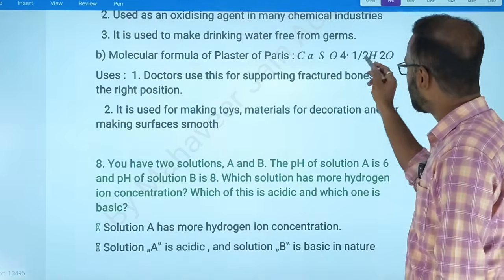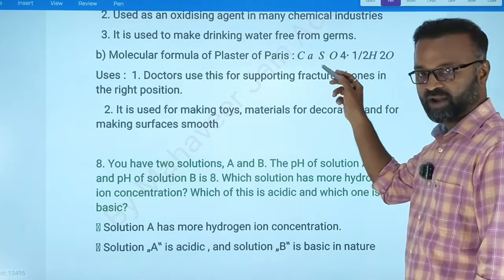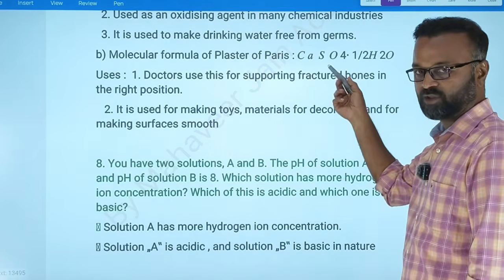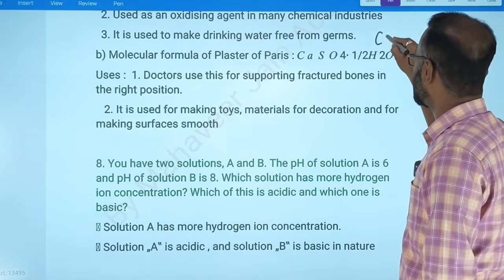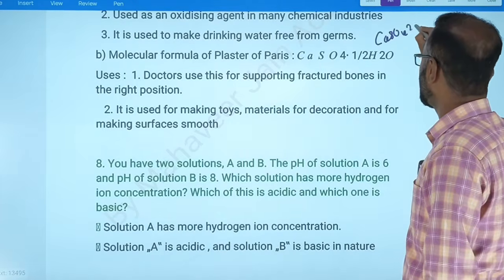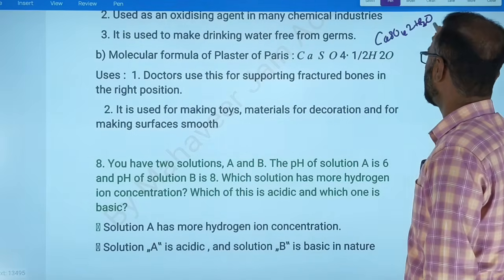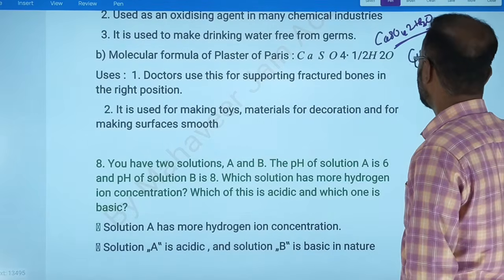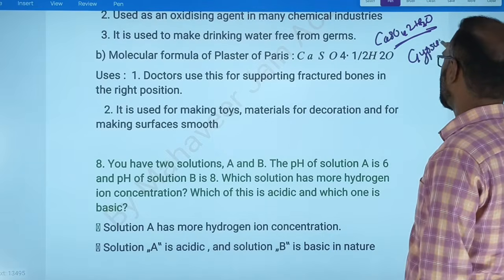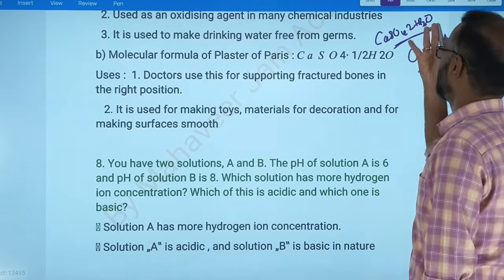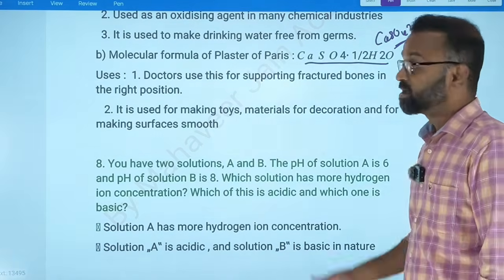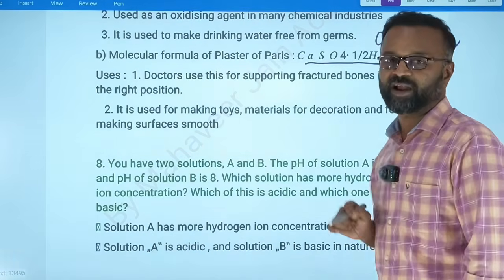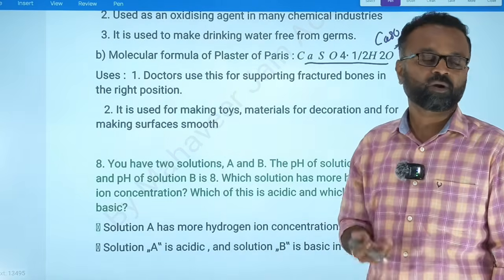When you add water, when it is exposed to the air and comes in contact with moisture, this calcium sulfate hemihydrate will convert into CaSO4 2H2O, calcium sulfate dihydrate. This is the formula for gypsum. When we heat the gypsum, it will convert back into plaster of Paris. Write this properly. You will write, for fractured bones. What fractured bones?